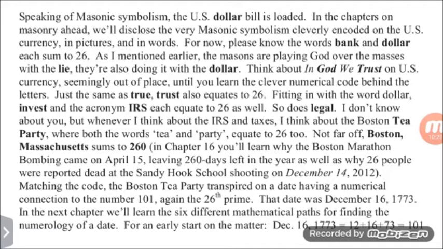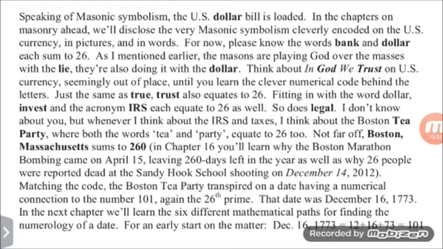So does legal. I don't know about you, but whatever or whenever I think about the IRS and taxes, I think about the Boston Tea Party, where both the words tea and party equate to 26, too. Not far off, Boston, Massachusetts, sums to 260.